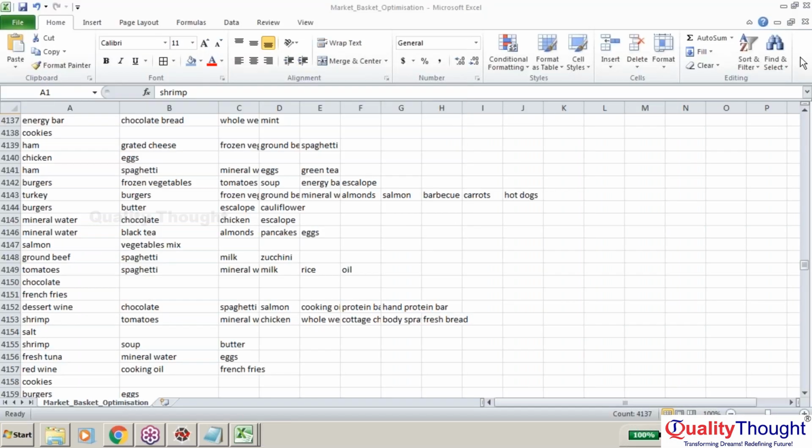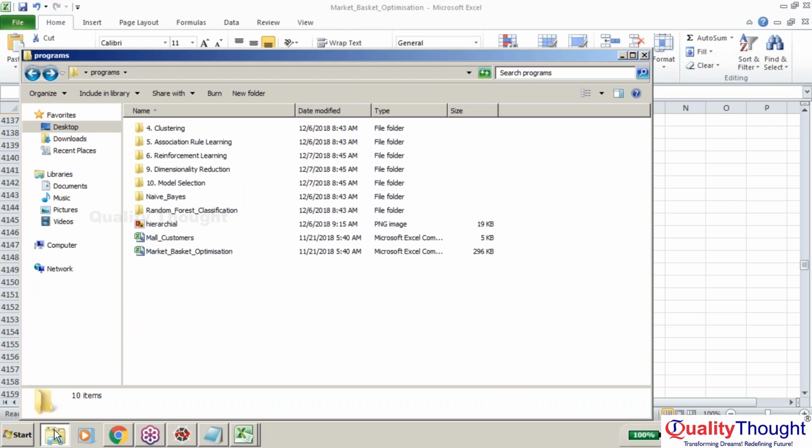So guys, this is all about apriori association rule learning. Tomorrow we will discuss reinforcement learning, and apart from reinforcement learning, we will discuss model selection, and we have one more topic to check, dimensionality reduction.